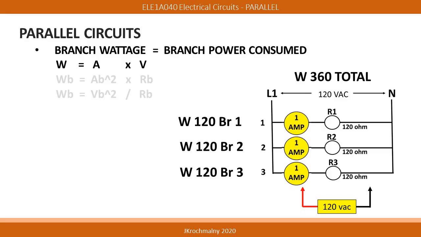Notice that branch 2 and branch 3 in this example will have the same wattage value of 120 each. The total wattage of this parallel electric circuit is 360 watts, found by adding up each of the branch wattages.